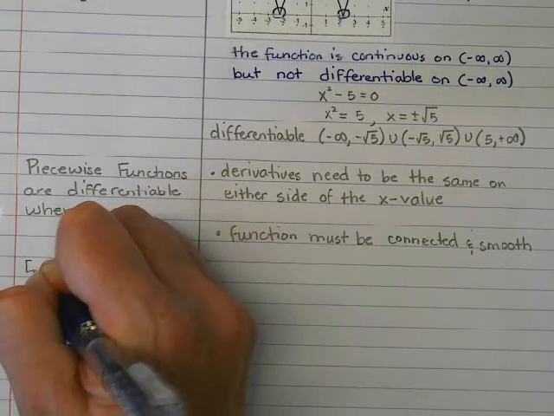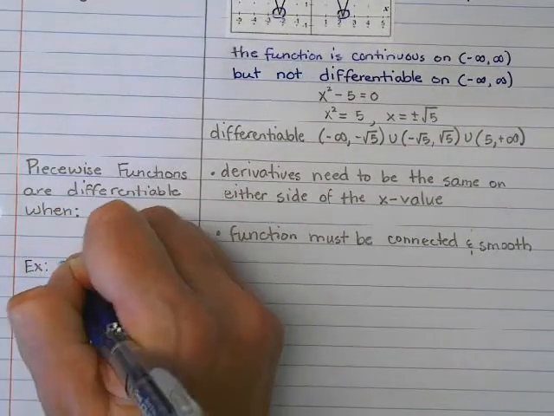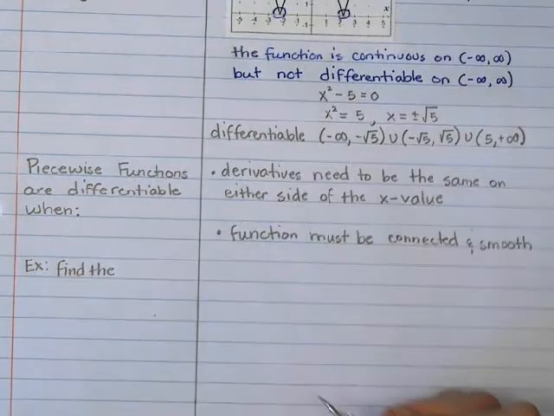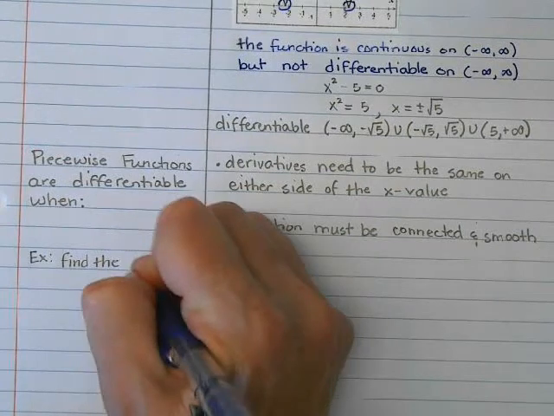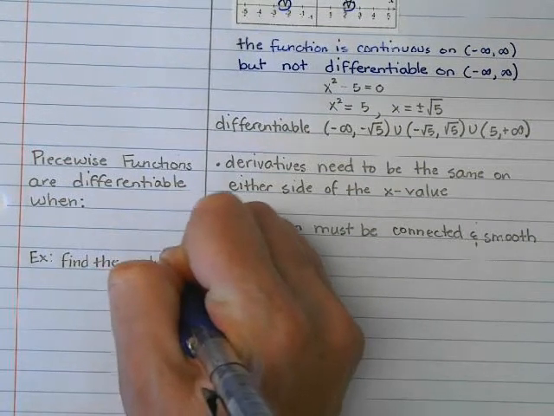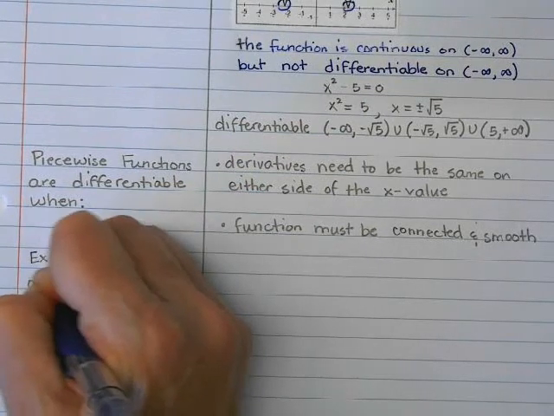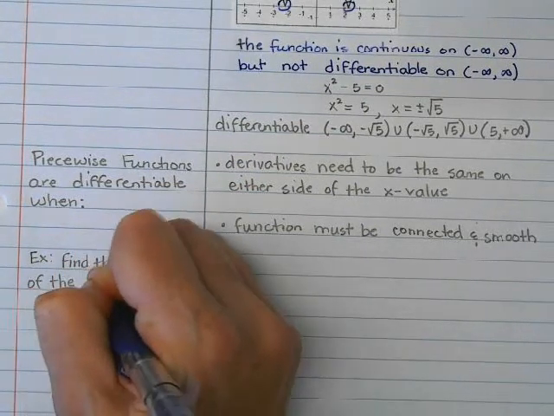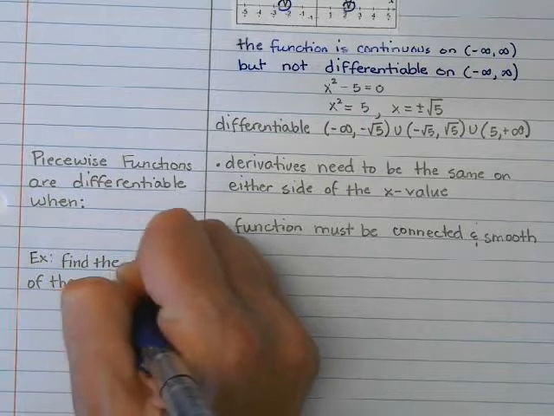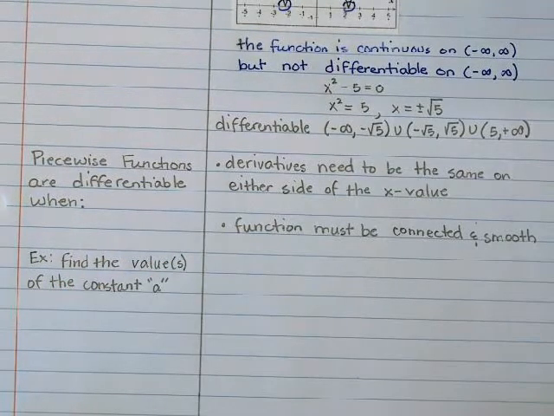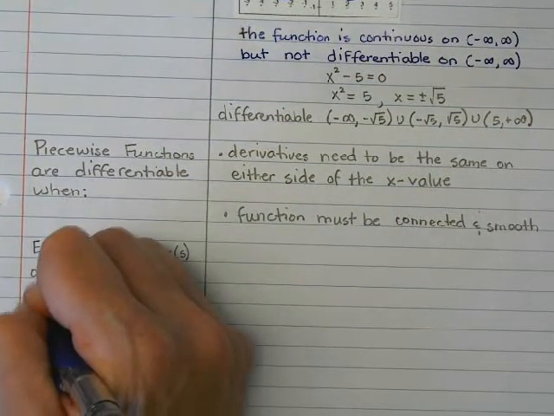Okay, so let's look at an example. I want you to find the value or values of the constant A. All that is saying is that A is a value. It has some value. It's not a variable.